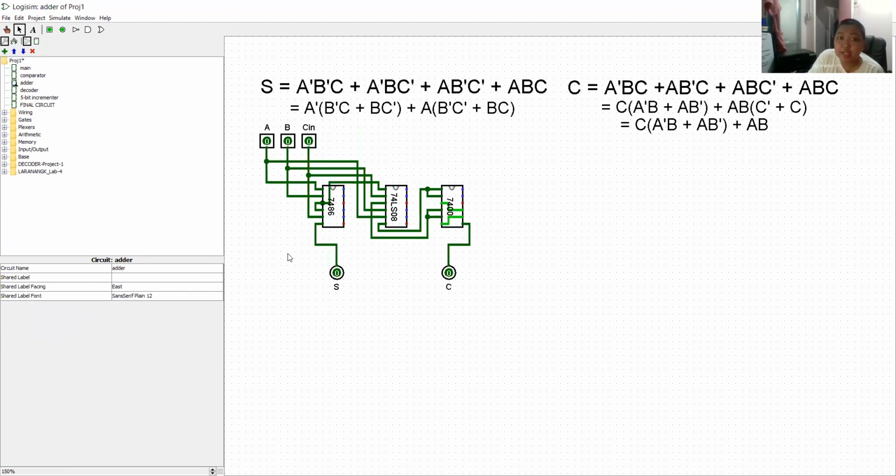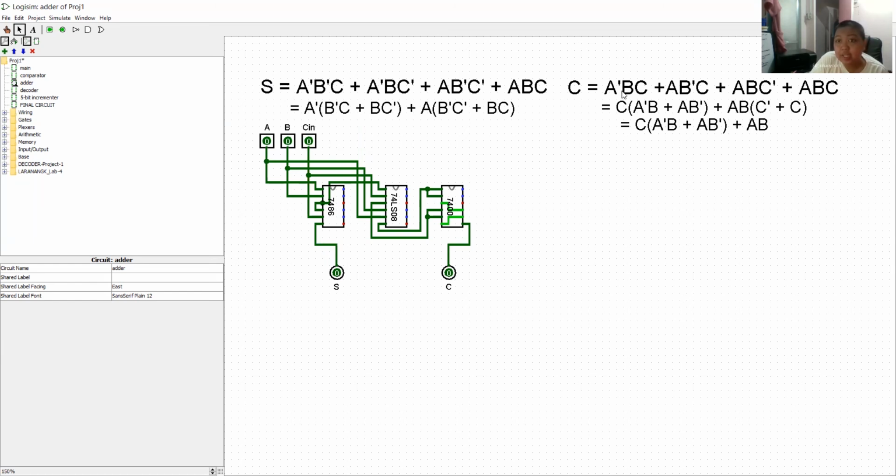And for the adder, this was assigned to me in our laboratory activity 3, and I also used this in laboratory activity 4. So here, for the sum, the SOP is A XOR B XOR C. So I use 7486 IC here, and as you can see, there are 3 inputs here, 2 outputs, which is the sum and the carry.